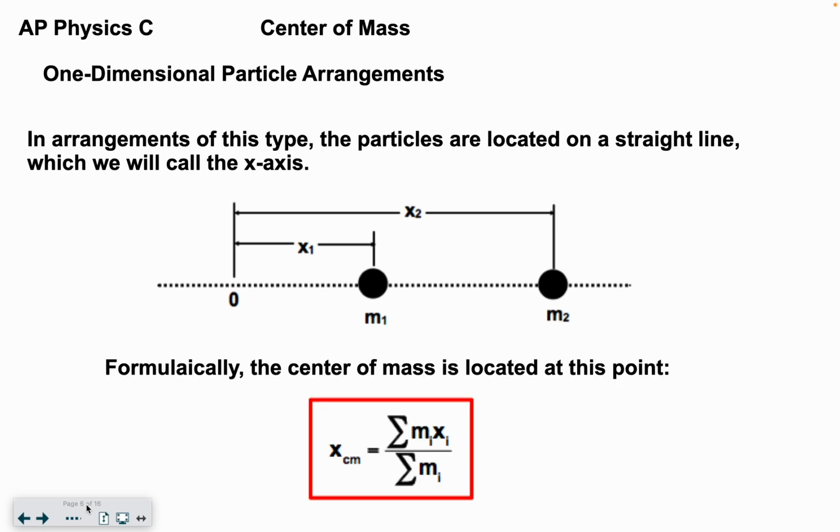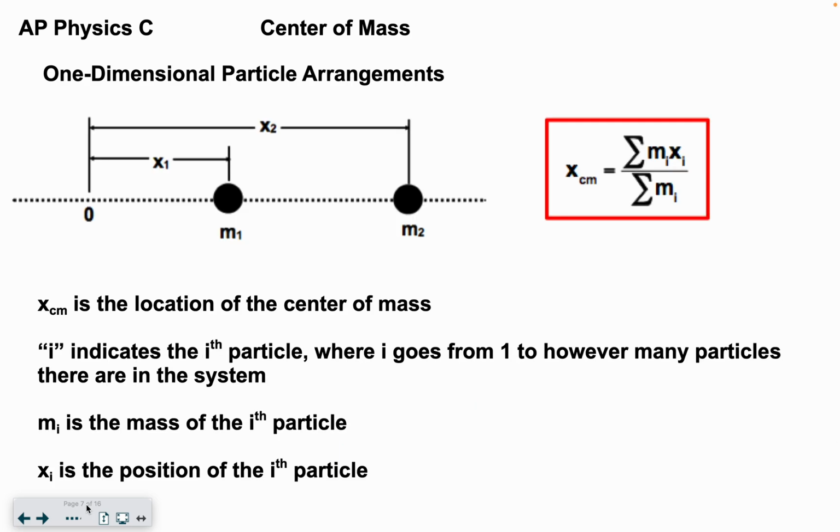The way we do this formulaically, this is in a red box. As you know, that means it's on the formula sheet. We have x sub cm, so that's the location of the center of mass, equals sigma m sub i x sub i, over sigma m sub i.